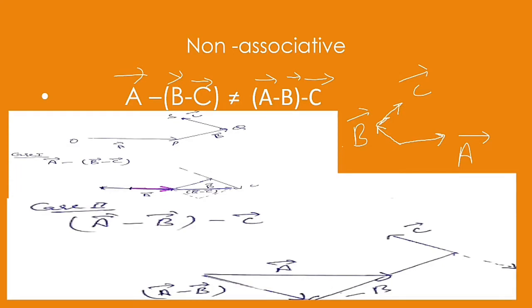This is the direction of a vector, then this is the direction of your b vector. B vector direction you have to check. This is the a vector I have taken. Now this is your b vector, and if I want to take minus of c vector, this was c vector, so this will be minus of c vector.